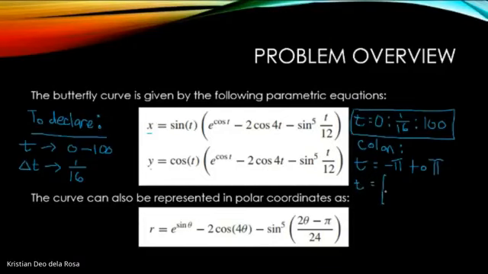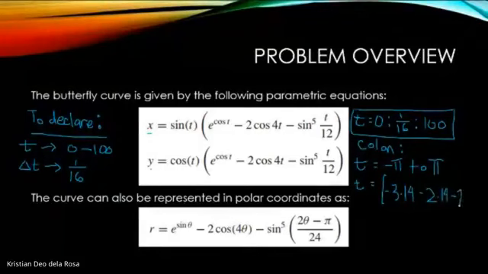So, negative 3.14 followed by negative 2.14. Always plus 1. Then, negative 1.14. Okay. And then, until makapunta siya sa positive 3.14. It's negative 3.14, negative 2.14, negative 1.14, negative 0.14.